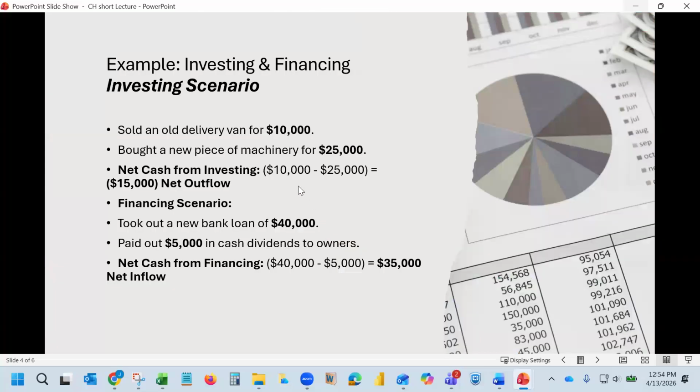Now, the next one is your investing section of the cash flow statement. So for example, if we look at this case, say you sold an old delivery van for $10,000, you bought a new piece of machinery for $25,000. The net cash flow from investing activity is going to be $10,000 minus $25,000 of the new machinery you bought.